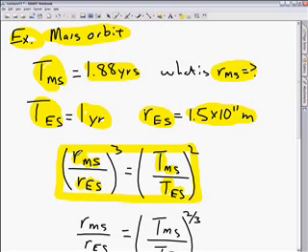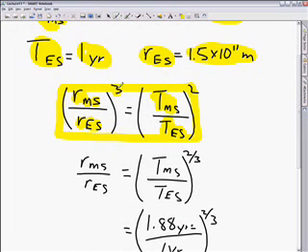So r over r cubed equals T over T squared. Now, to solve this equation for the radius of Mars around the Sun, to get rid of this cubed part, what we need to do is take the cube root of each side.